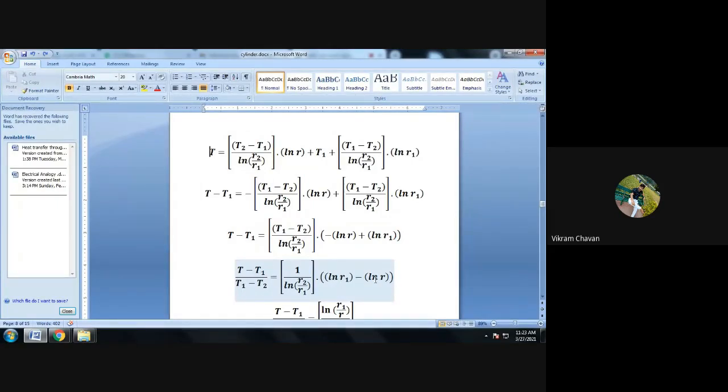Once again we have to apply the logarithmic rule: ln of x minus ln of y is equal to ln of x divided by y.